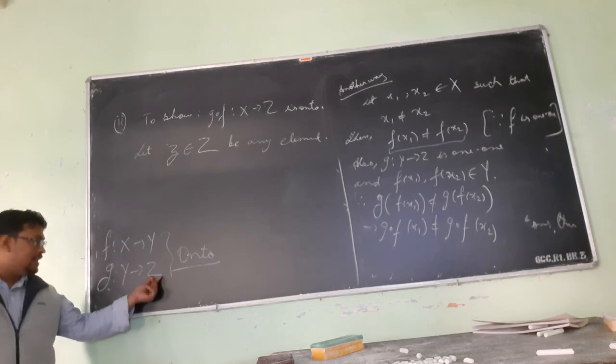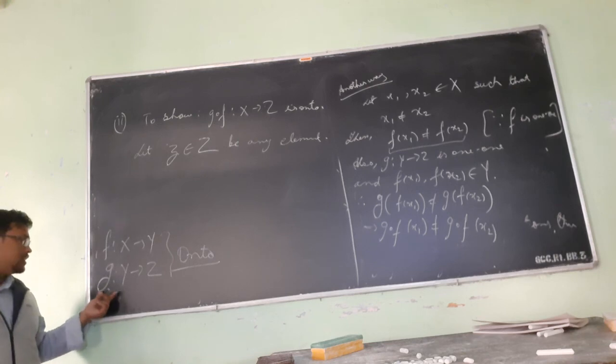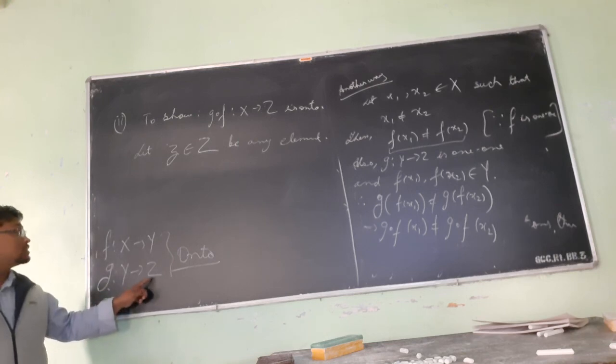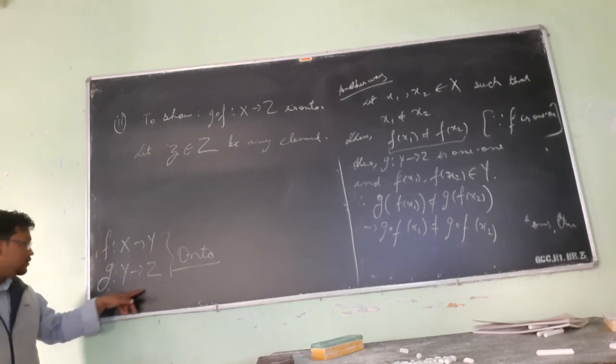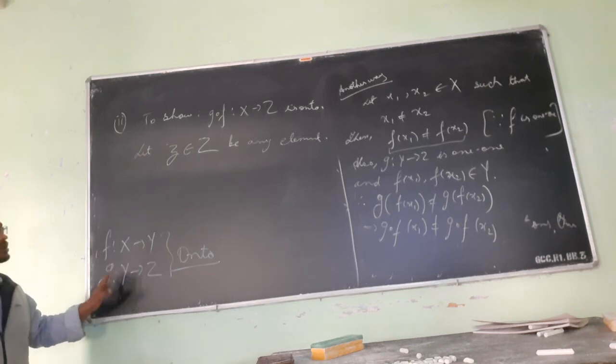That means every element here will have a pre-image in Y under the function g. So for z inside capital Z, we will get a y inside capital Y such that g of y is equal to z.